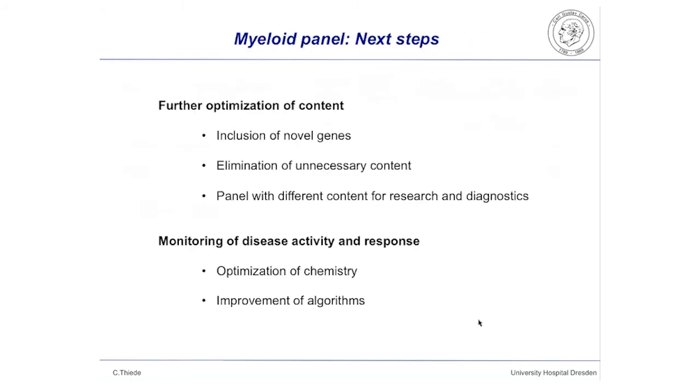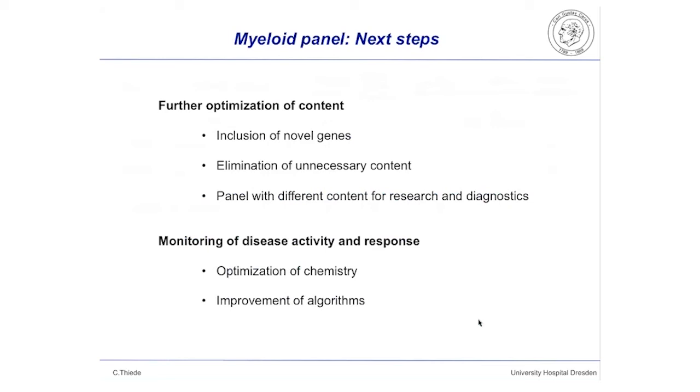What do we plan to improve the performance of the Myeloid Panel? There is updated content during the last 4 years since the first version of the Myeloid Panel, or TrueSight Myeloid Kit, was released. A number of novel genes have been published which are relevant for myeloid diseases.